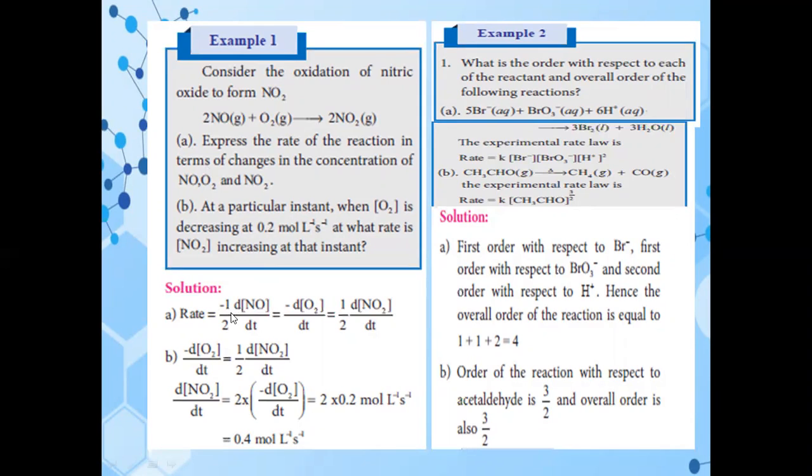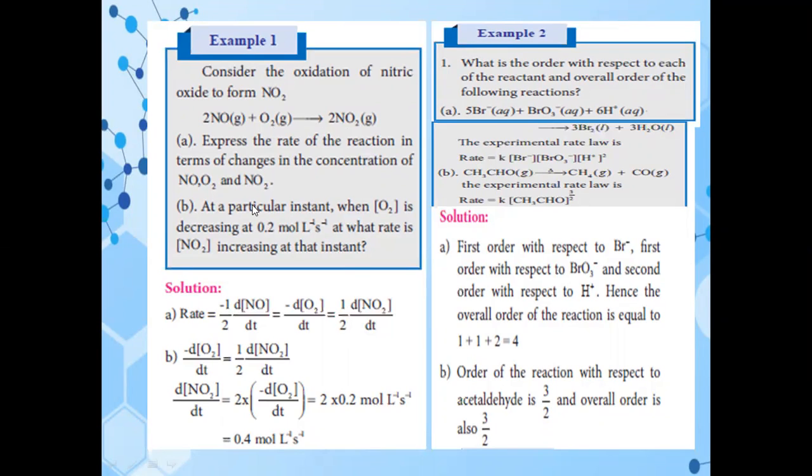Rate equals minus 1 by 2 d[NO]/dt equals, the oxygen is also on the reactant side, so minus d[O2]/dt equals, for the product NO2, the coefficient is 2, so we write 1 by 2 d[NO2]/dt.